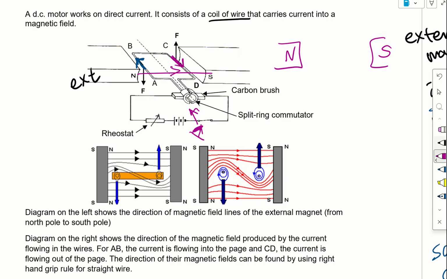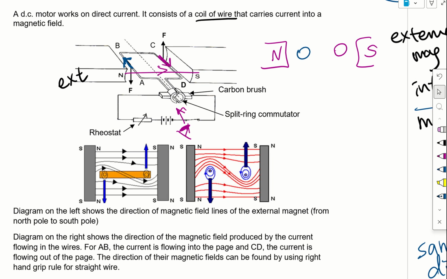I will only see AB as a circle, which is the cross-section of AB, and I would also see CD as a circle, the cross-section of the wire segment CD.